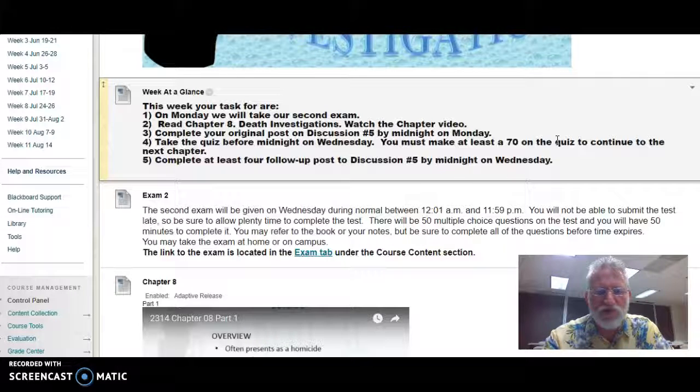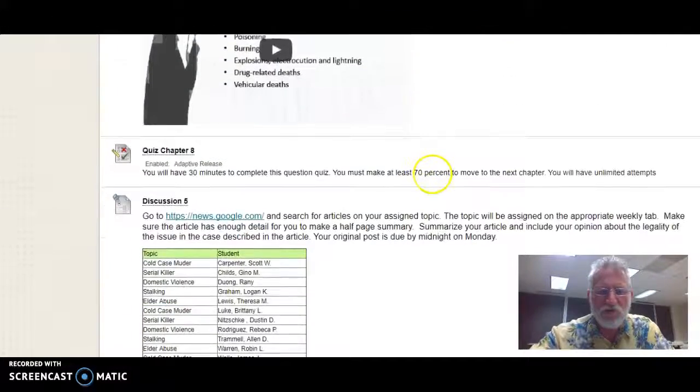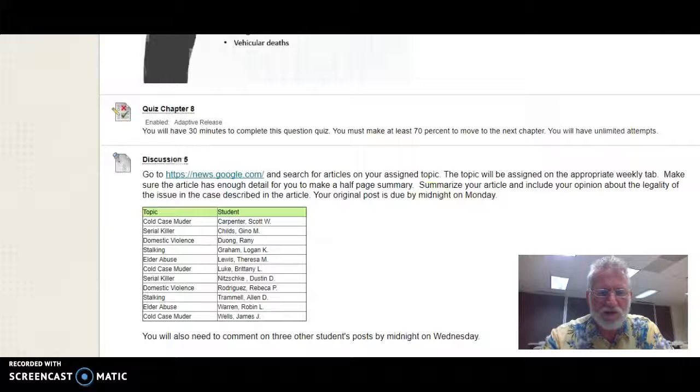Okay, also due on Monday is discussion number 5, and we'll scroll down to it. Again, this is going to be another one of the discussions where we're going to look for newspaper articles, preferably Texas cases or Texas articles. We're covering topics: cold case murders, serial killers, domestic violence, stalking, elder abuse.